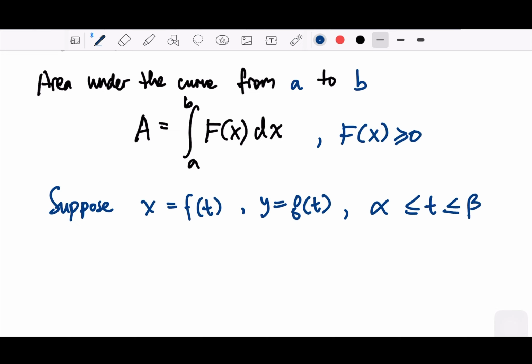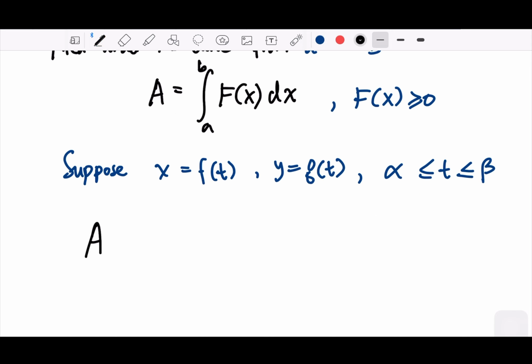Then for this area, let me just write y as a function of x. We can exchange y with the function g. We can change that.